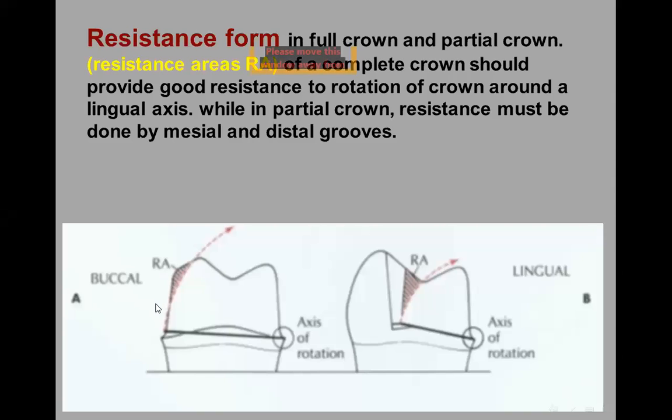Because of the good length and nice taper, we will create a resistance area, and for this reason the force will not move the restoration. There is an objection to the movement.